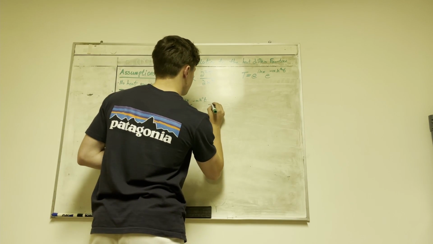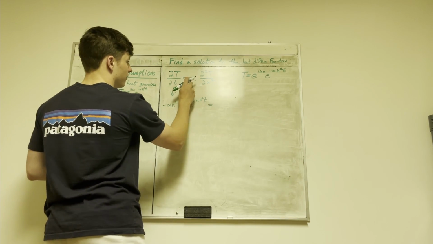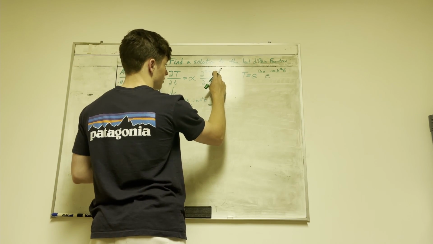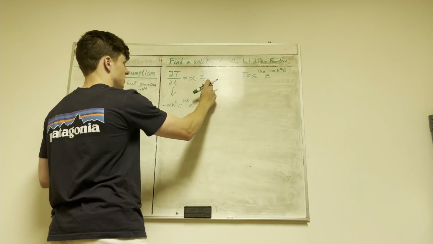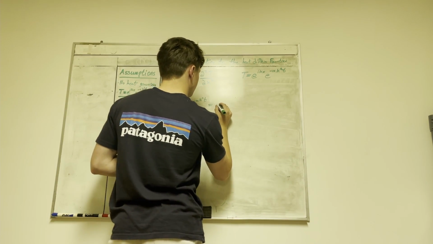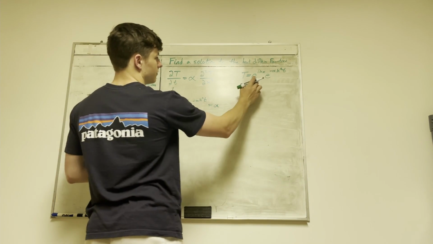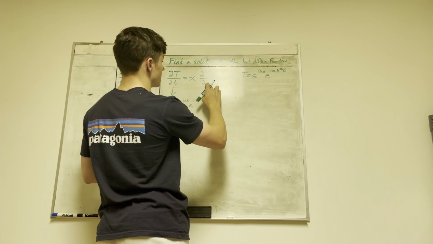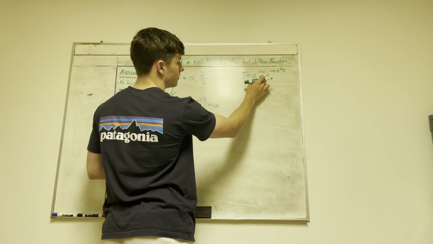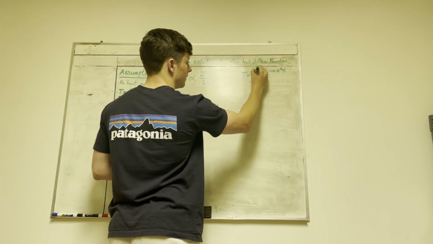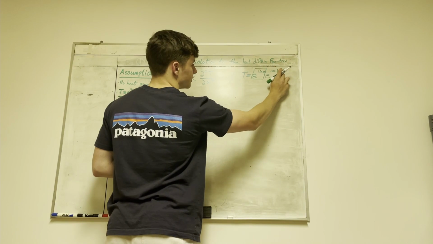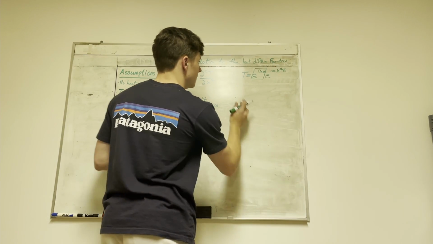Then this is going to equal alpha times the second derivative of temperature with respect to position. The only term that has x in it will be this first part here. The other part doesn't have anything to do with x, so it'll be treated as a constant.